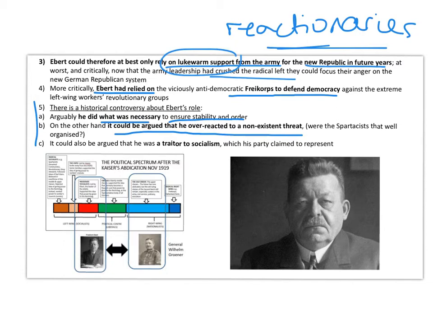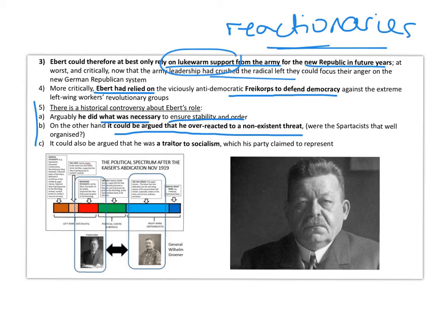So he phoned up Groener and said, "I need your help to crush the communists because they're about to copy what the Bolsheviks did in Russia and they're about to try and seize power." And of course, arguably, that did happen because the Spartacists did try to seize power in the capital city, Berlin, in January 1919.